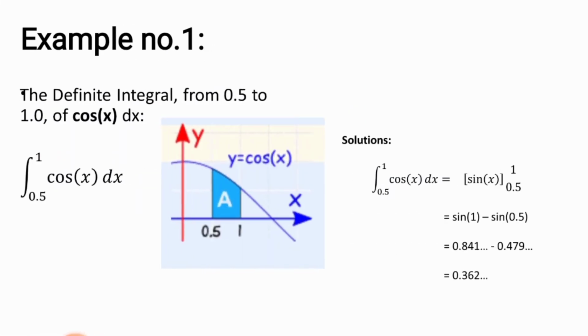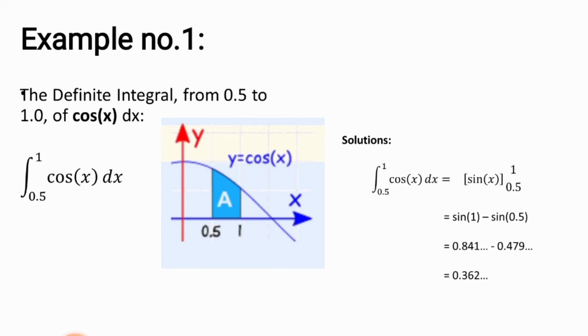Now we have example number 1: the definite integral from 0.5 to 1.0 of cos x dx. Note here that x must be in radians. The indefinite integral of cos x dx is equal to sine x plus c. We can ignore c for definite integrals, as we saw above, and we get the solution.